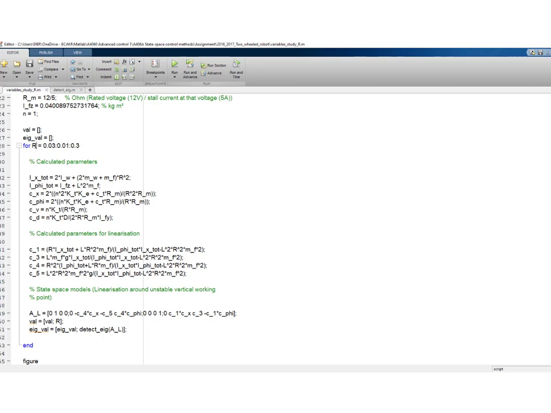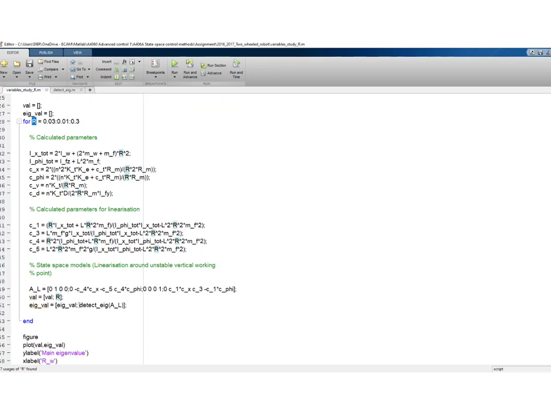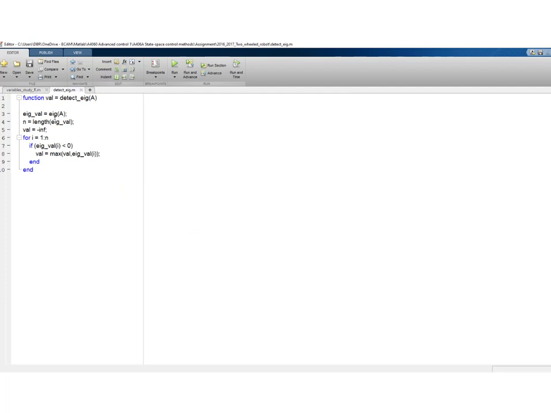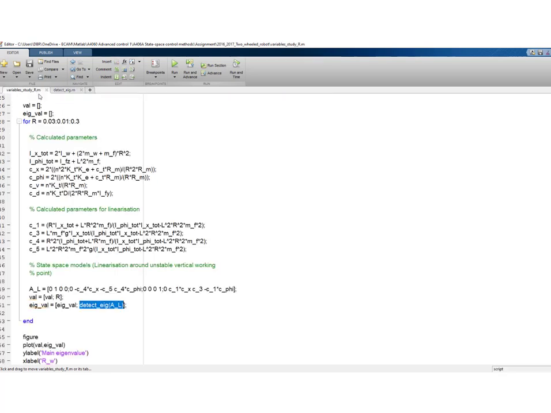right? R here is the radius of the wheel, and what is done over here is that the main eigenvalue is computed, and this is done using this little function over here. It goes over the eigenvalues and it takes the maximum negative eigenvalue.